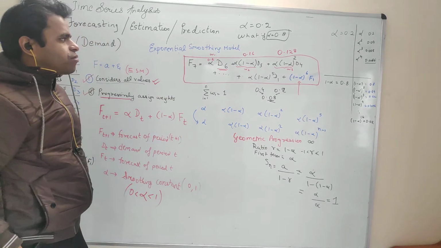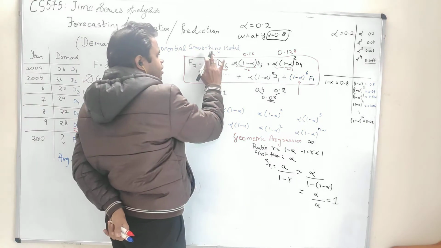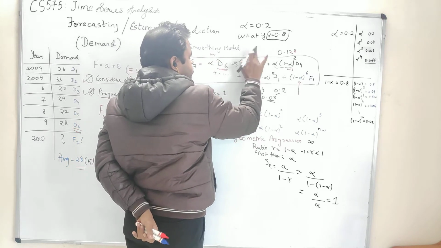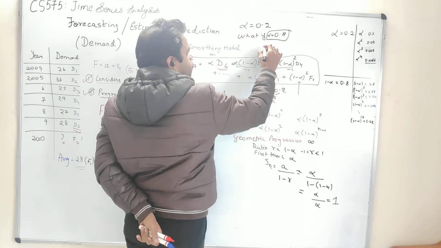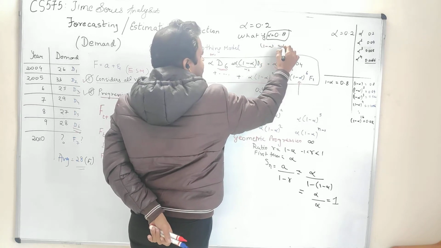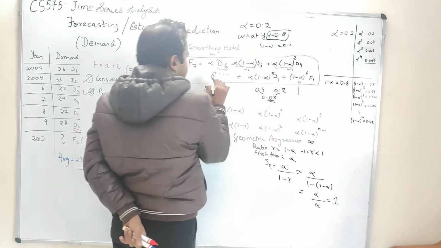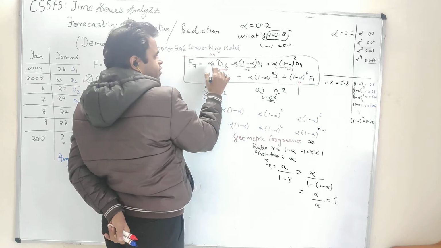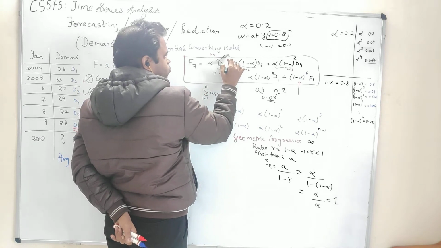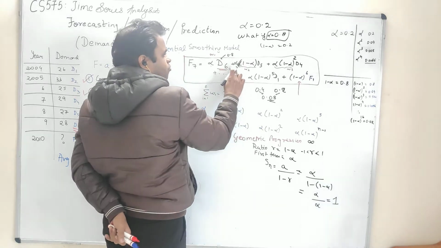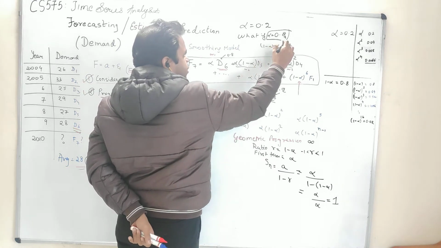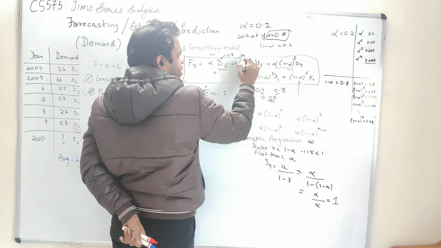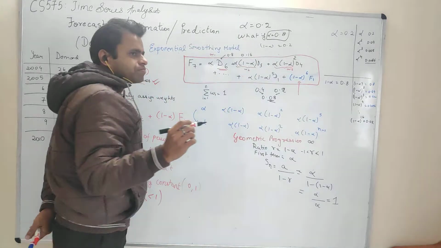So intuitively, this should get a higher weightage. Also, if you see from the formula, let me erase this. You have alpha equal to 0.8, so 1 minus alpha is 0.2. So when alpha was 0.8, this will become 0.8 into d. What will this value be? Alpha into 1 minus alpha, so 0.8 into 0.2, right? This is 0.16.